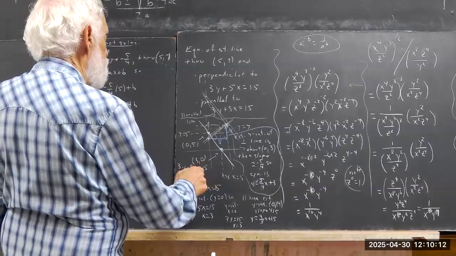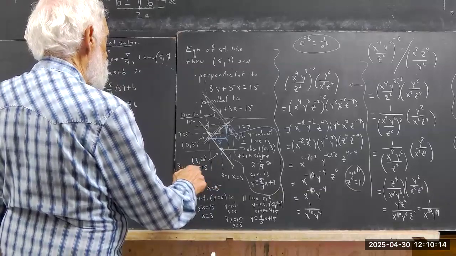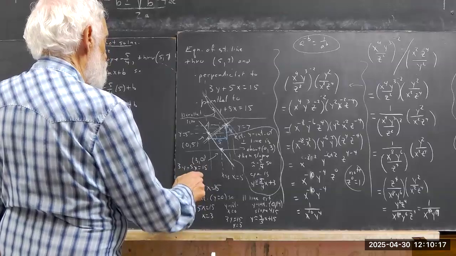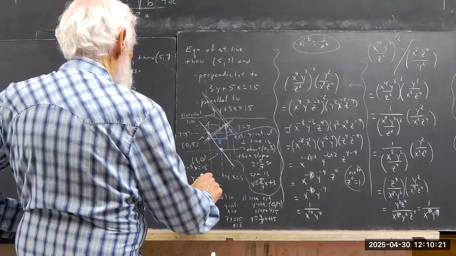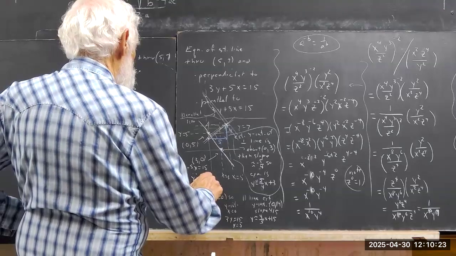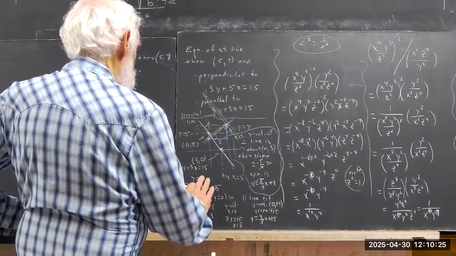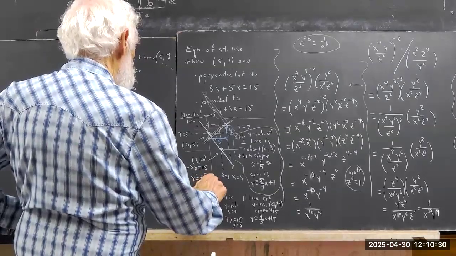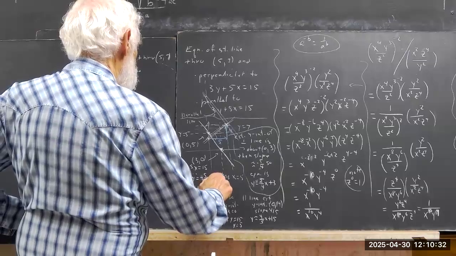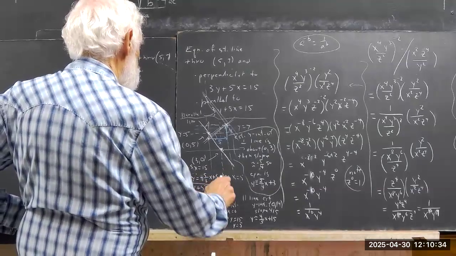If you solve for y, put the x on this side, you get y equals negative 5/3 x plus 5.